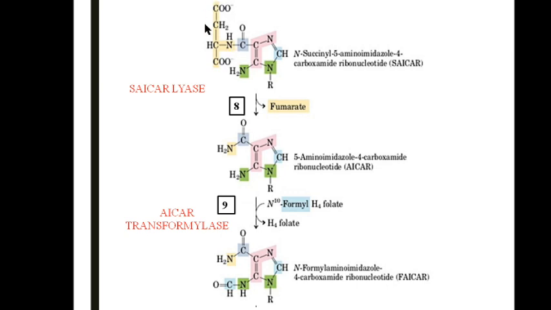So hence the remaining compound has to be removed in the form of fumaric acid or fumarate. That is, we get a compound called amino imidazole 4-carboxamide ribonucleotide. Thus at this junction again it is called 5-amino imidazole 4-carboxamide ribonucleotide, that is AICAR.